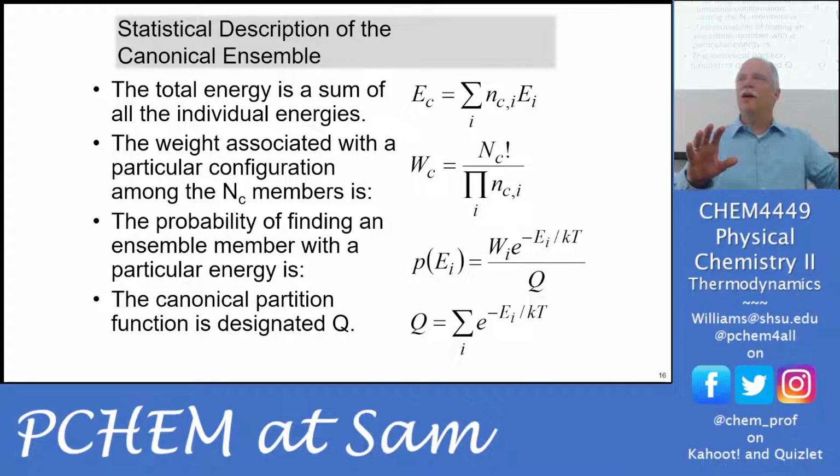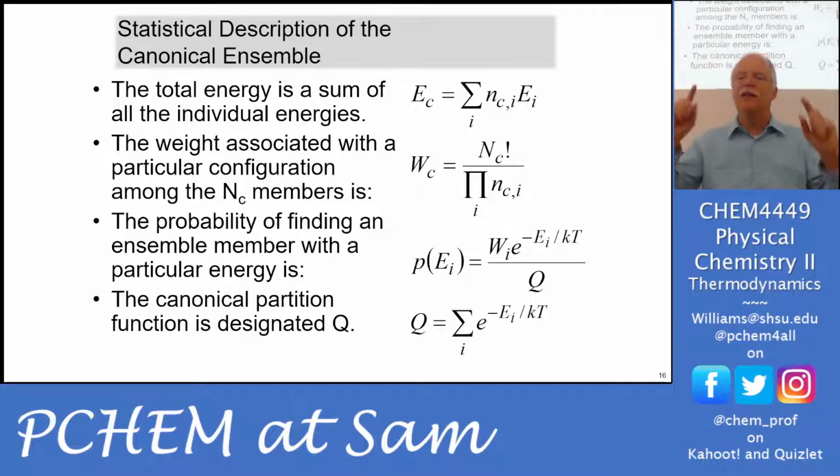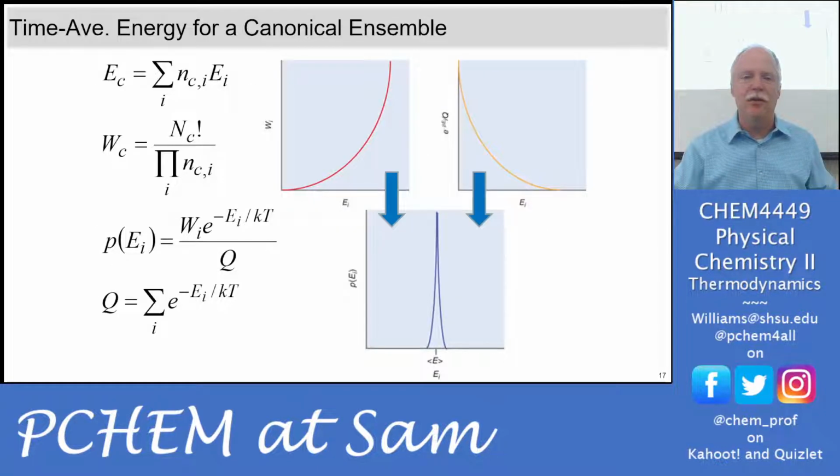So the number of molecules is the exponent. If I have 5 water molecules, it would be that times that times that, 5 times. And so we just raise the partition function to the number of molecules in the exponent. So that's the key that you need to know right now.